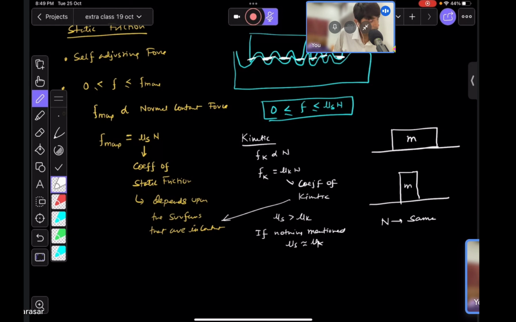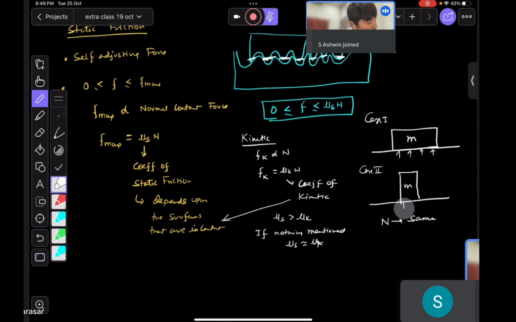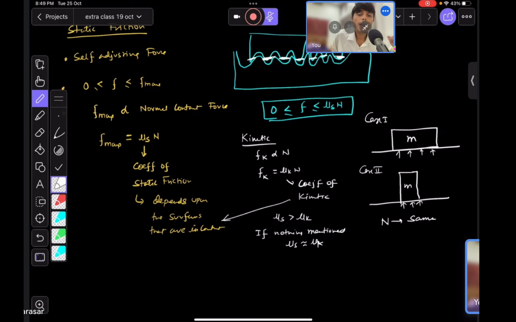So what we have is the same normal contact force. In case 1 it is acting over an area which is bigger. In case 2, the same amount of force is acting over an area which is smaller. So in case 1, we have more area in contact, so more number of interlockings. But the force is applied over a bigger area, so pressure is less.